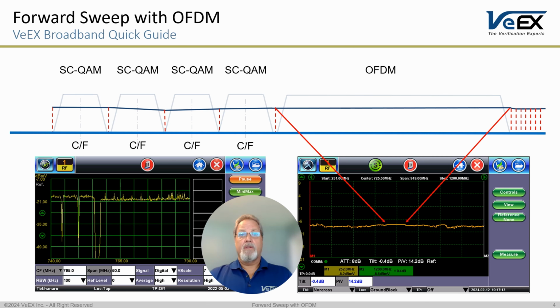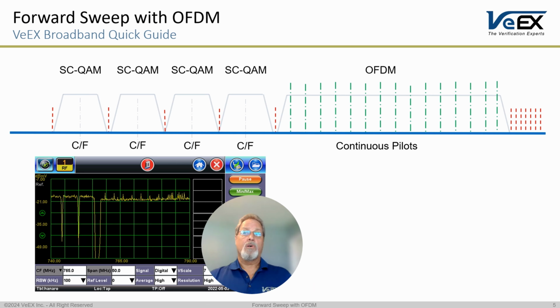VeEX method is we now use the continuous pilots that are contained within the OFDM. As you can see in the diagram of the OFDM here, these little spikes that you see across the top of that OFDM, those are the continuous pilots. We use those spikes and we'll actually go and stop and measure the power of each of those continuous pilots, and then plot that along with our sweep tones that were generated by this transmitter.